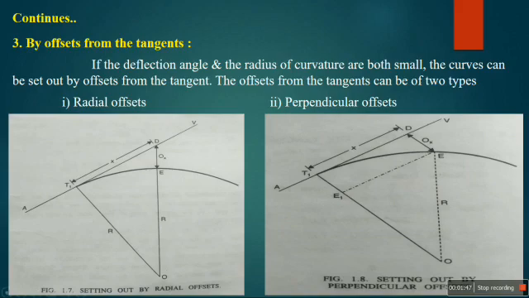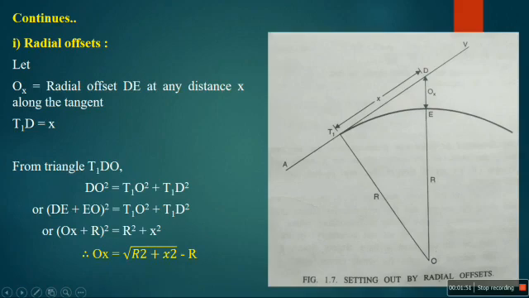Next, we derive the formula for the offset distance at x. This is for the radial offsets. This is the diagram. Here, OX is the radial offset, D to E at a distance of x from the tangent point. T1D is x.